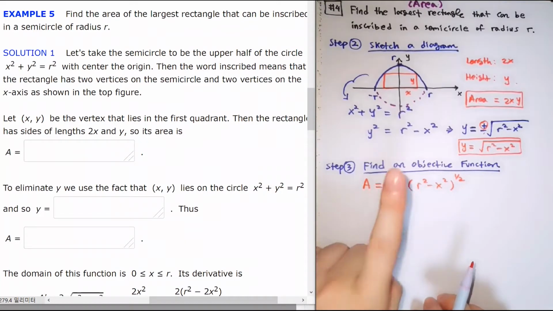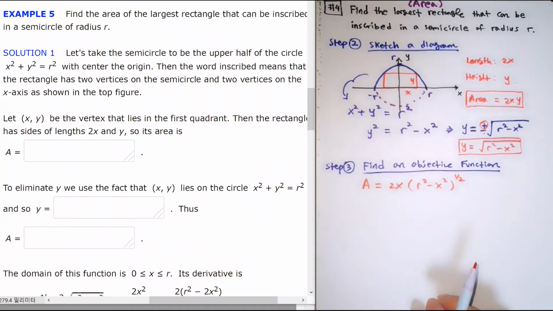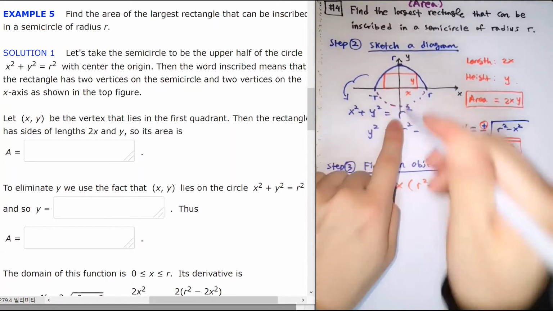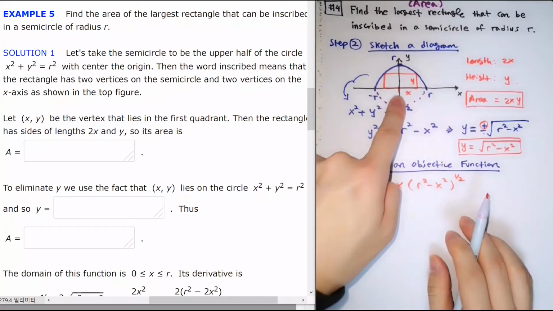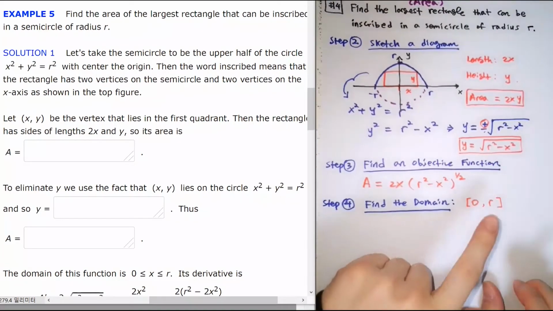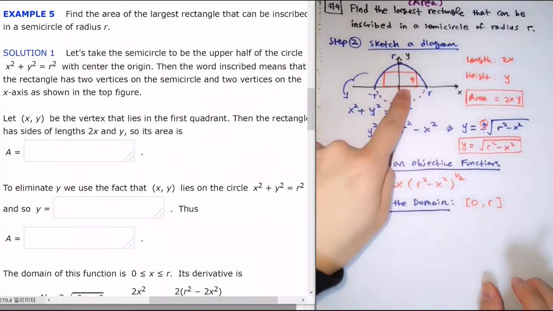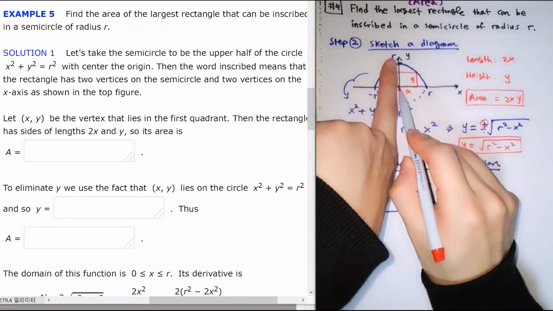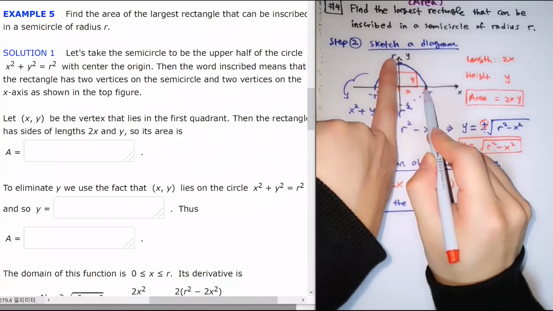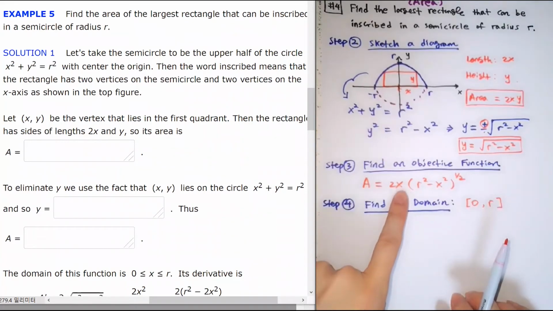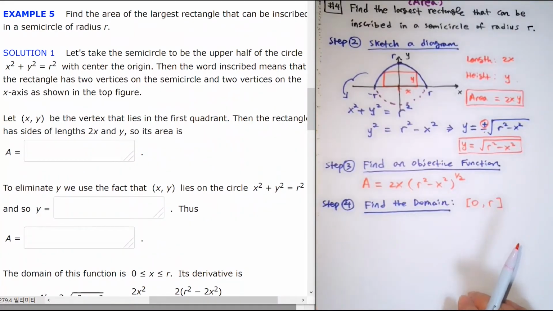For now, let's find step 4, which is the domain of this function. Technically, x is going from 0 to the radius r. Like I mentioned before, everyone, x is going from 0 to the maximum x value of r. That's why the domain of this function is going from 0 to r.